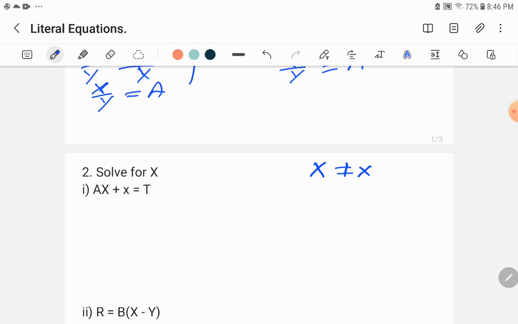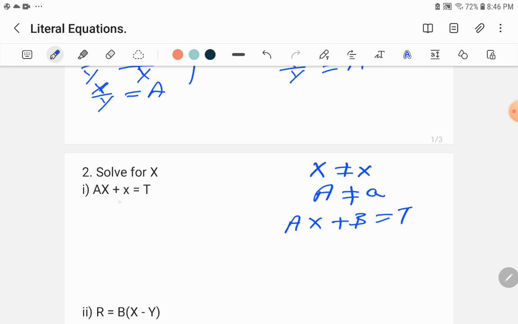Okay, so in literal equations, a capital letter, say A, is not the same as lowercase a. So if you're being confused by the lowercase x, you could probably replace it with like a b, right? So you could think of the question like this as aX plus b equal to t, and solve it that way. And then at the end, put back in the lowercase x.